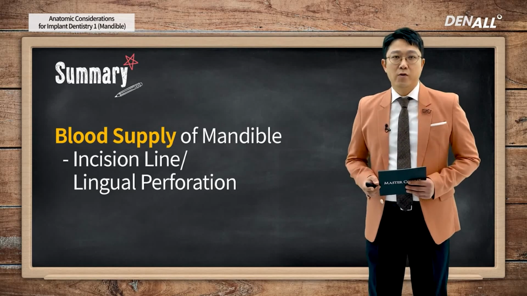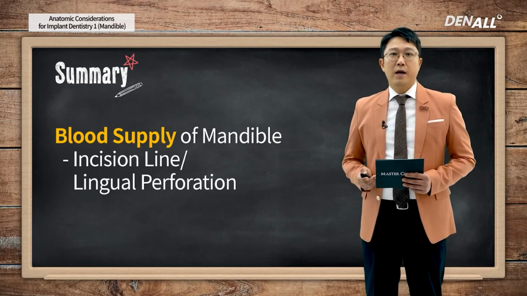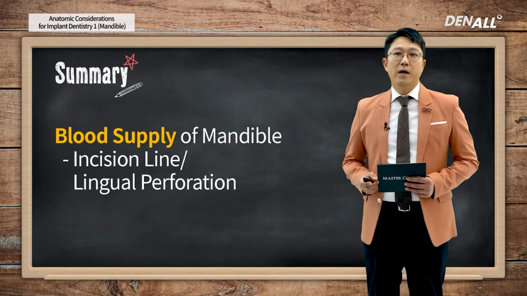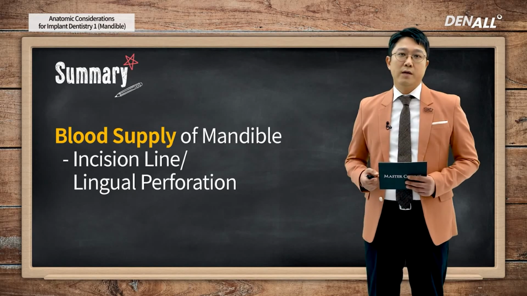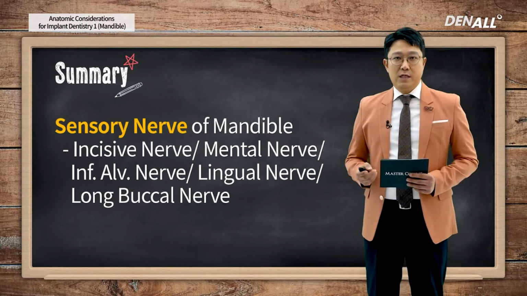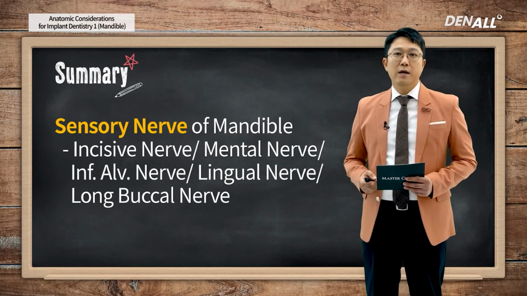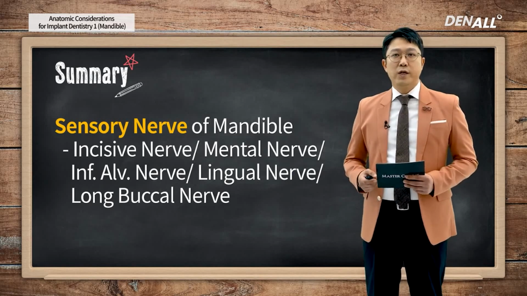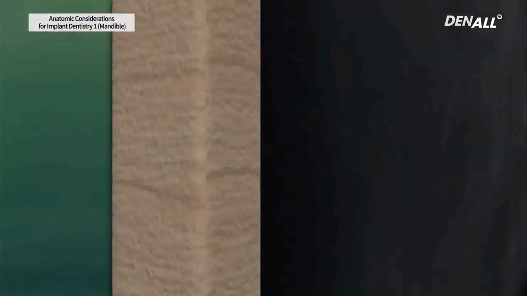Second, the blood supply of the mandible, the characteristics of blood vessels in the mandible. Due to the lingual form of the mandible, a perforation can occur, so we need to be careful not to make a lingual perforation. Third, the sensory nerves of the mandible: incisive nerve, mental nerve, inferior alveolar nerve, and long buccal nerve. We need to be careful about the nerves when we place implants.